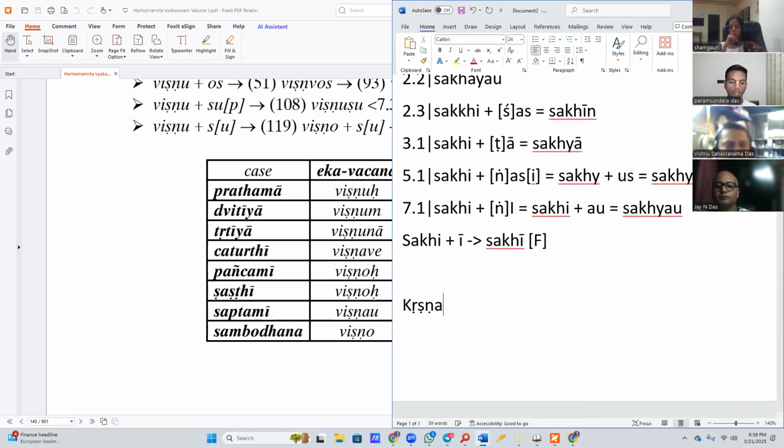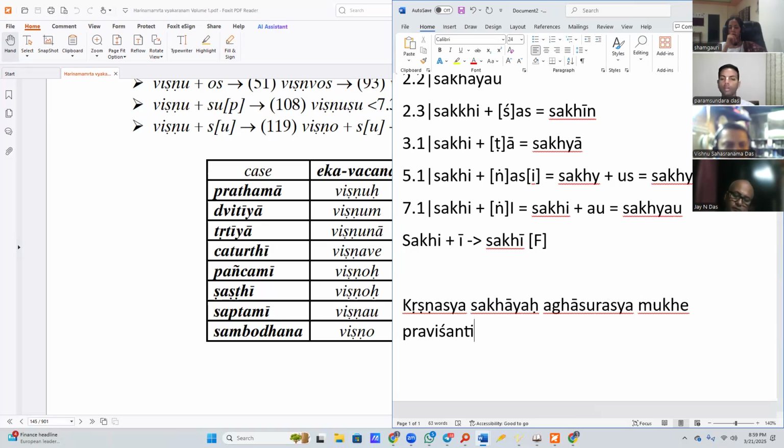Krishnasya sakhayah aghasurasya mukhe pravishanti.